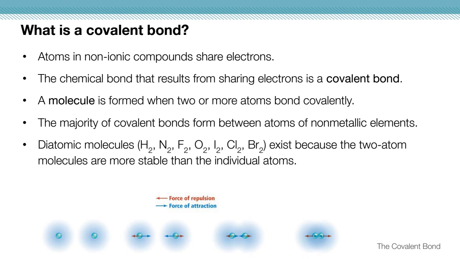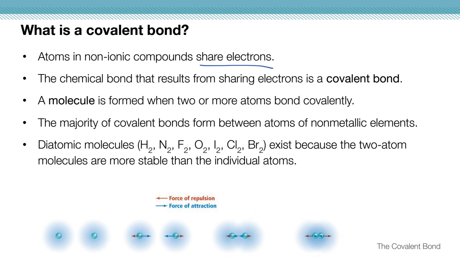So again, these are non-ionic, whereas ionic ones give and take electrons, covalent ones share electrons. Important: a molecule is when you have atoms bonded covalently.